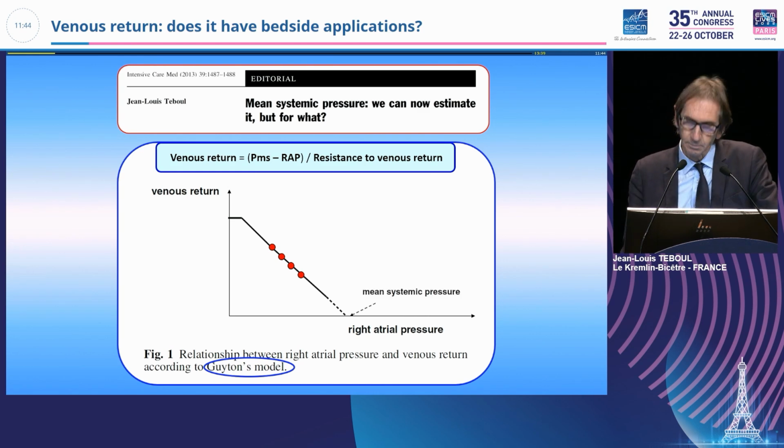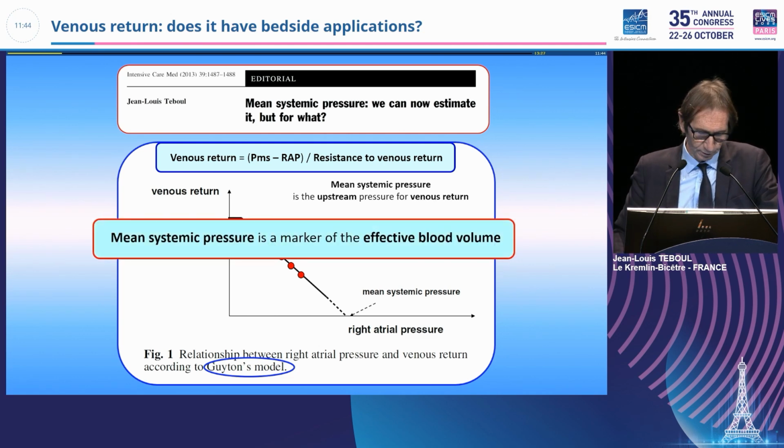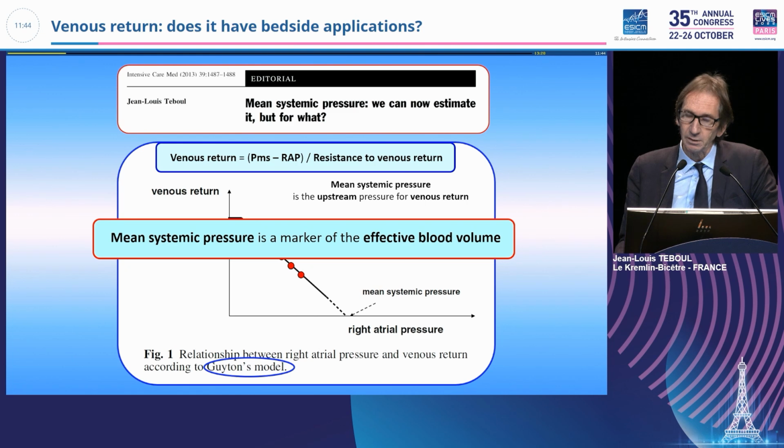Guyton also proposed to estimate the mean systemic pressure, the upstream pressure for venous return, which is the pressure of the circulation at zero flow. And it could be considered a marker of the effective blood volume.